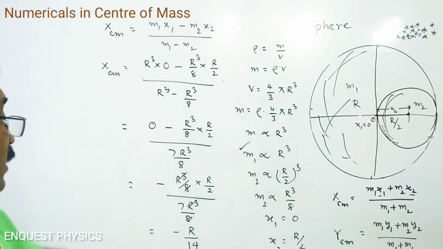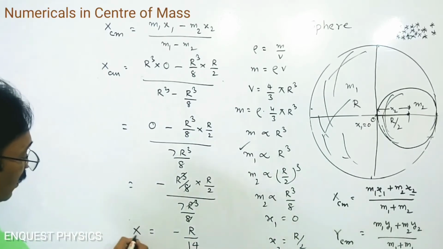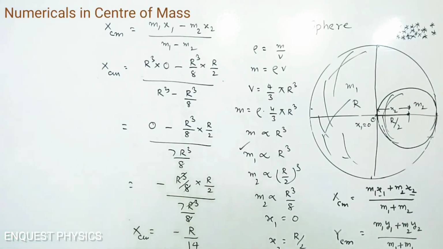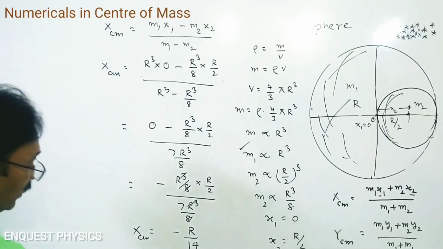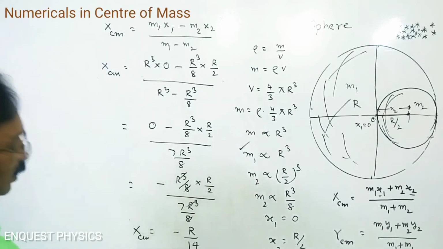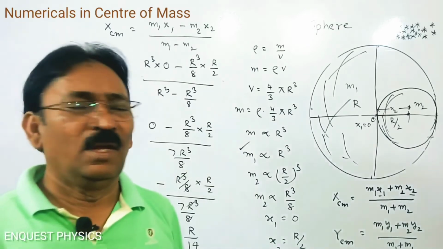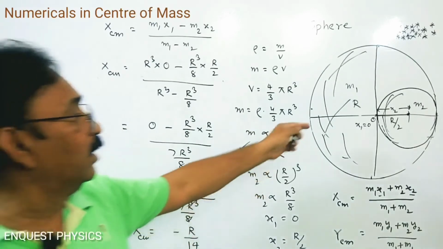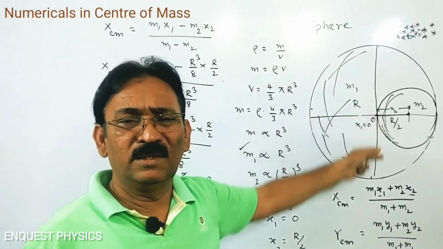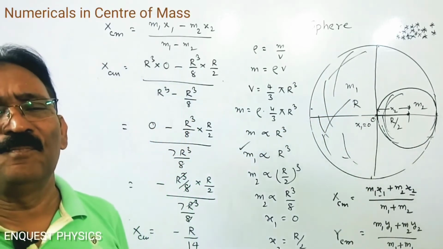The shift in center of mass is minus r by 14. And what about the ycm? The same as before, it is equal to 0. Here, if you put any numerical value, r as 2 or 4 or anything, you will get the results that way.